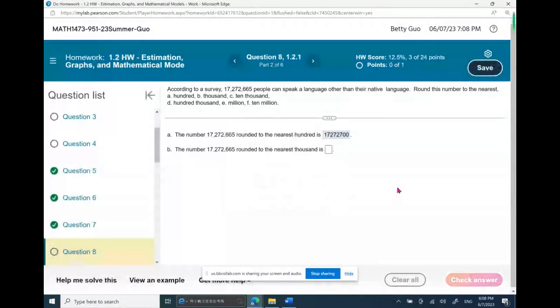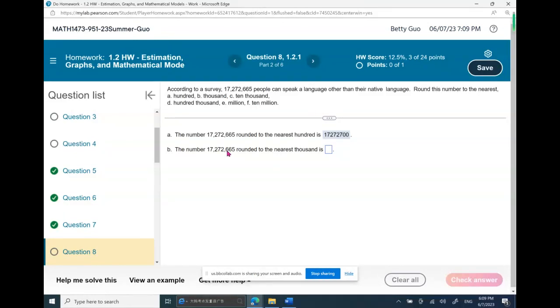Part B is to round to the nearest 1,000. It's hard for me to pronounce. So this is ones, tens, hundred. This is thousand. This 2 here is 1,000. So we look at the digit to the right of the 2, which is 6. 6 is bigger than 5, so we round it up again.